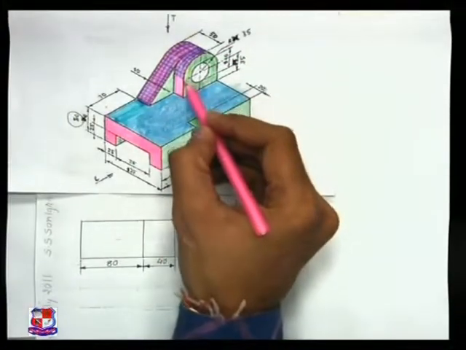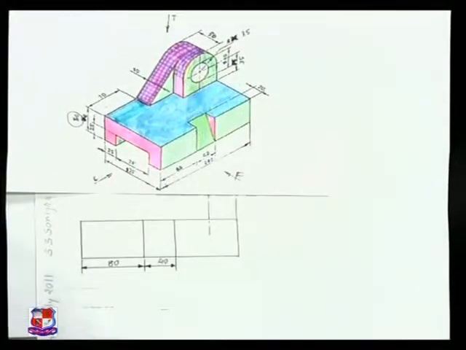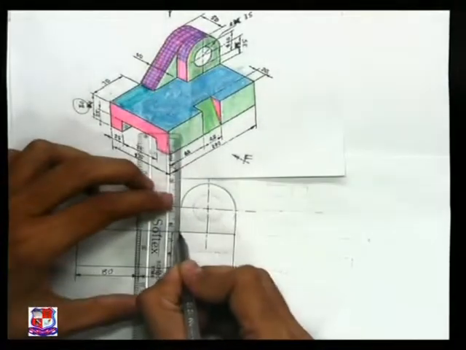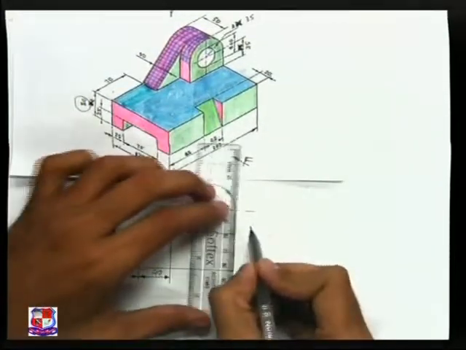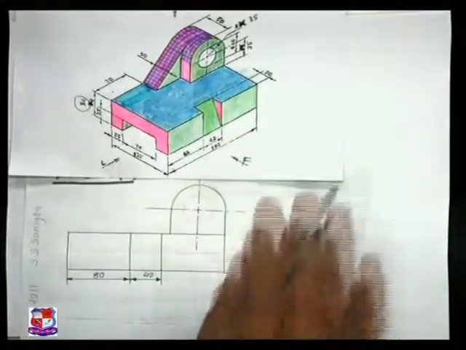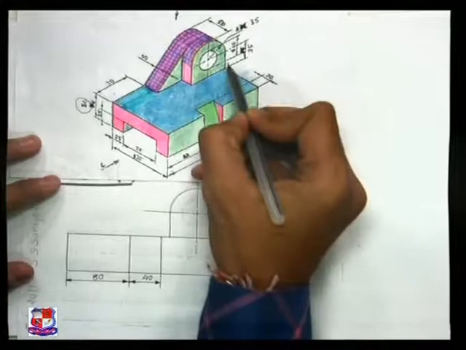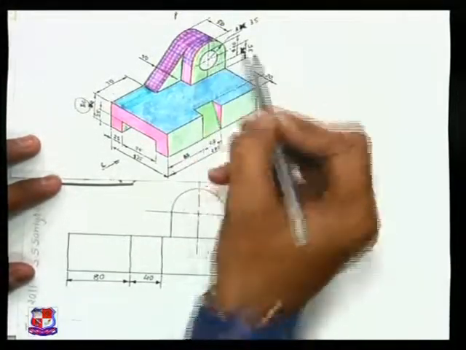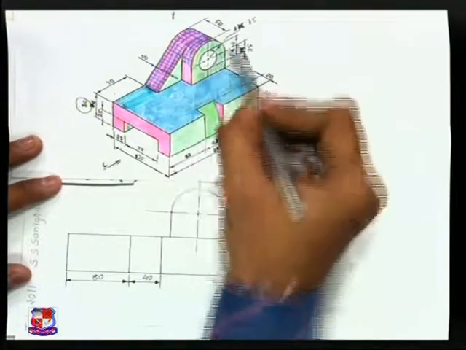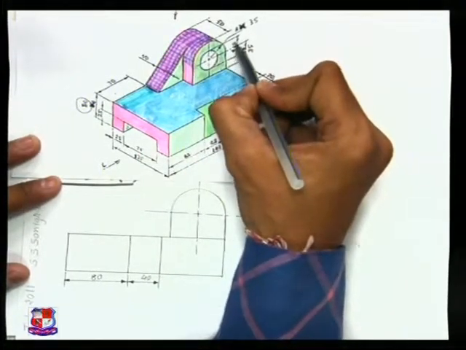Now this arc ends over here. After that a straight line is there. So draw vertical straight lines like this and another straight line like this. So we have drawn this edge, right? This green colored portion, and in this curvature portion a circle is there having diameter, it is written over here, diameter 40.